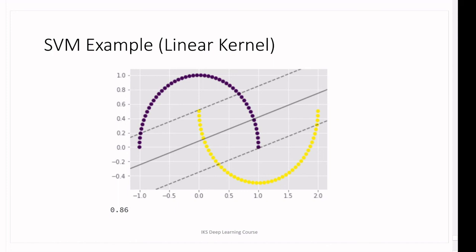If you use the support vector machine with a linear kernel, that is, without using any of these kernel functions I mentioned, you are looking for a linear boundary. That's all you can do. So the SVM produces this linear boundary, which obviously is not going to give you very good classification performance, but that's the best you can possibly get.